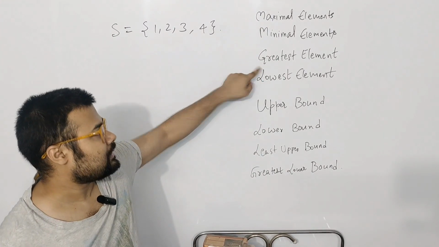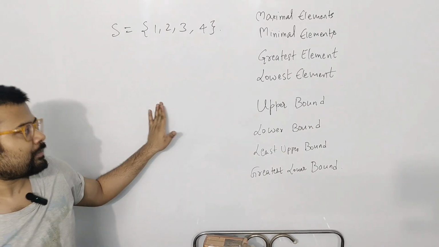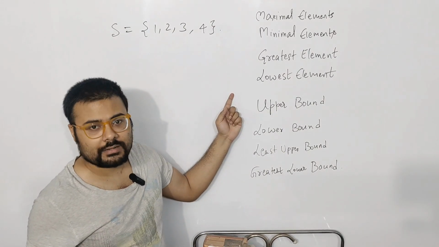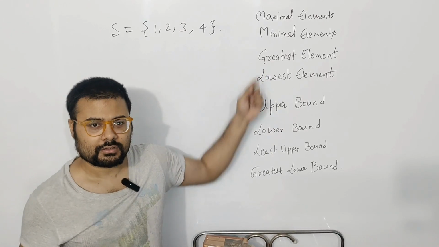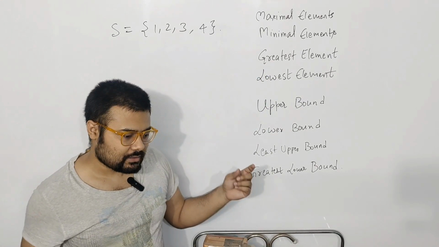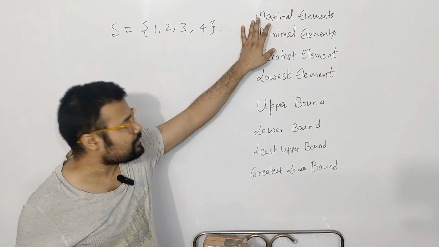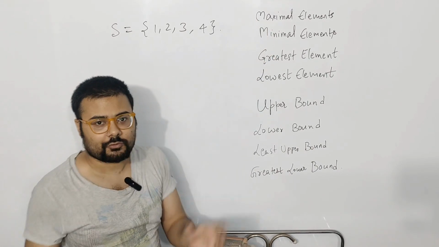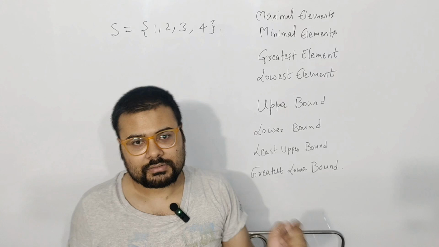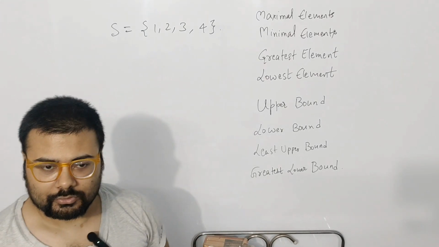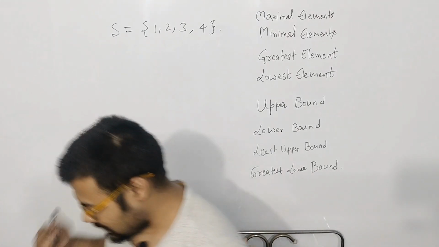Like in the example I just showed, there were two maximal elements, 3 and 4, so there was not any greatest element. As you know, a unique maximal element is a greatest element. If you don't have a unique maximal element in your partial order relation, then there is no greatest element. And that's what we are going to see right now.